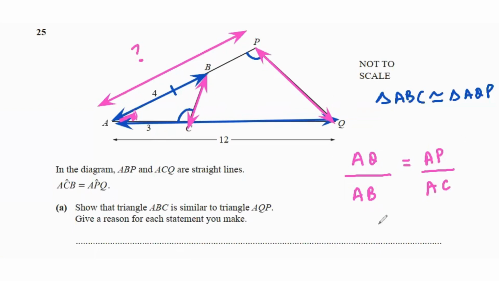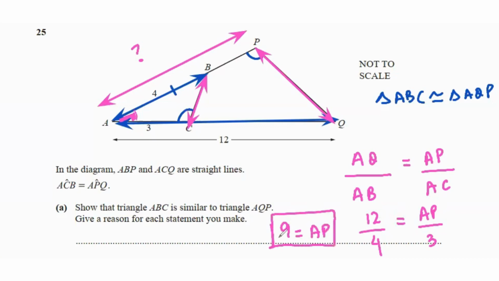So AQ is 12, AB is 4, AP is what we have to find, and AC is 3. So 12 times 3 is 36, 36 divided by 4 is 9. So 9 units is AP.